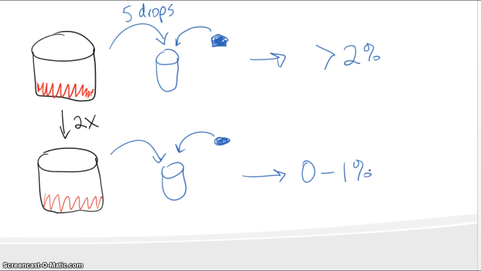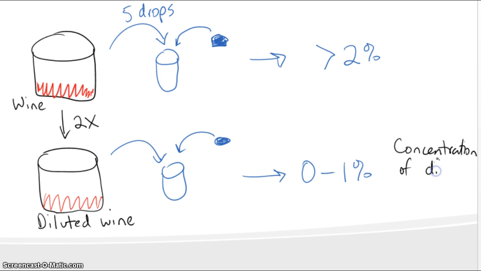So what happened here was when we did the dilution, when we tested in the second instance at the bottom, we were testing the sugar content of our diluted wine, right? So this is our diluted wine, and this was our original wine up here. So we tested the concentration of our diluted wine, which is all well and good, but it doesn't tell us what the concentration is in our original wine.